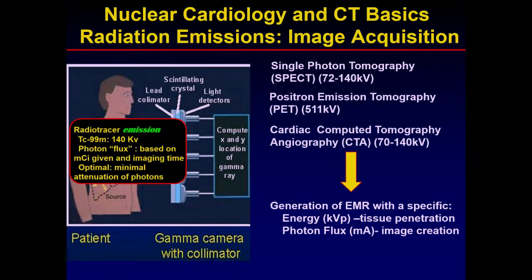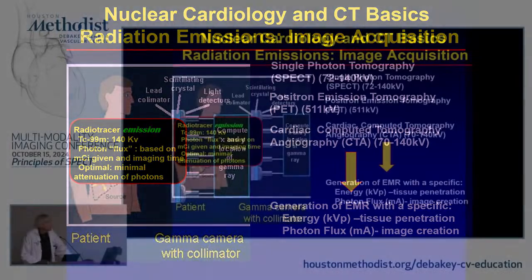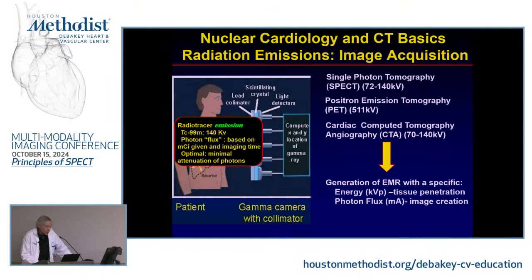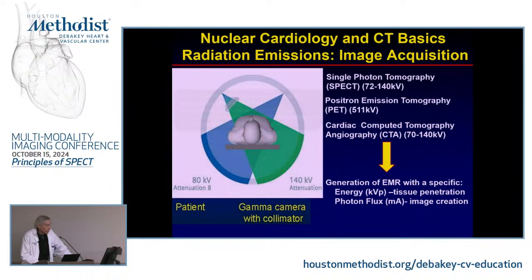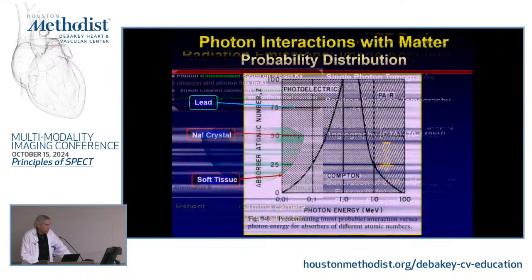So the longer you image, the more photons you'll accept, and the better your image quality will be. So there's differences in terms of how different techniques work. CT is a transmission scan, nuclear is an emission scan, but the concepts are very similar, as you can see.